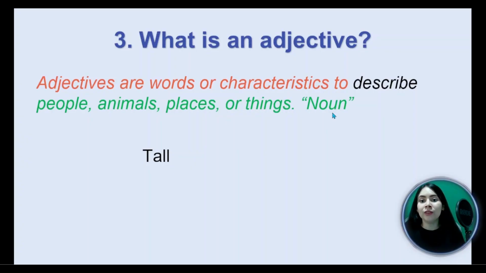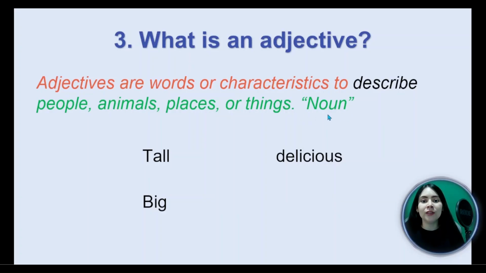The noun, let's say, my mother. My mother is tall. Big. A noun, my house. My house is big. Delicious.